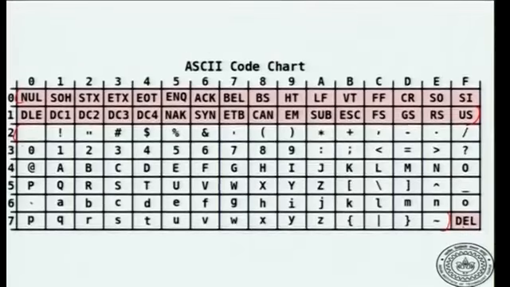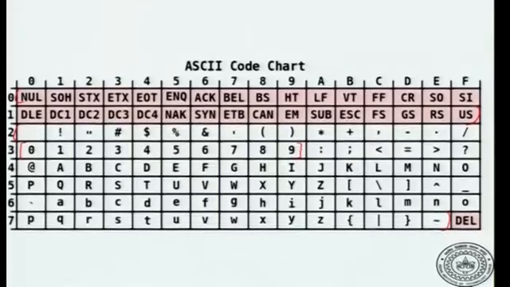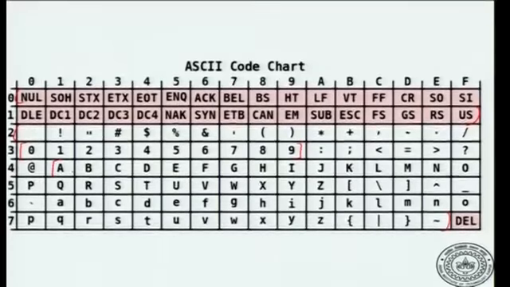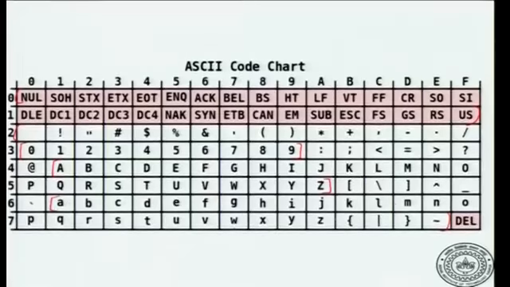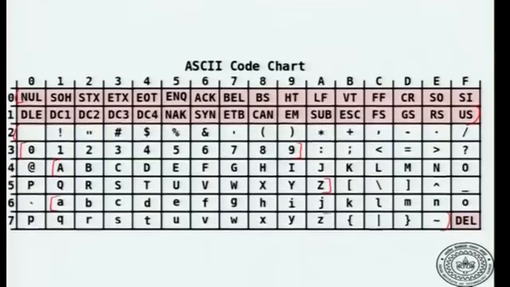Among them, the digits occur together. Similarly, the capital letters occur consecutively, one after the other, and the small letters occur consecutively, one after the other. So this is an abstract property of the ASCII code chart that helps us in writing some useful code.